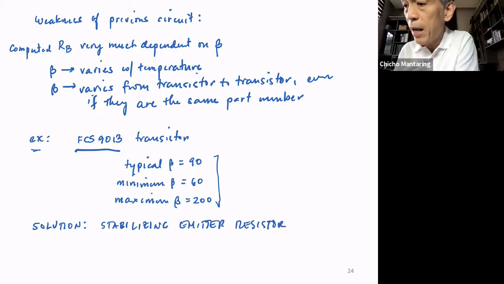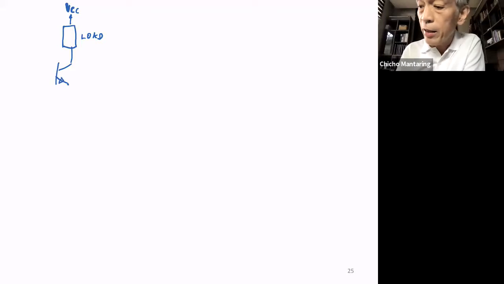You add a stabilizing emitter resistor. So what will my circuit look like? Okay, this is my load, VCC. Kanina sa circuit ko, the emitter was connected to ground. Now here, I put a resistance. I'll call this RE.